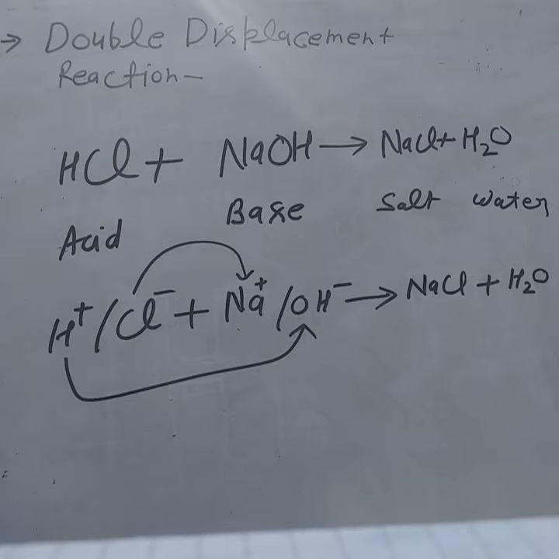Hydrogen chloride breaks down into ionic form, H plus and Cl minus, and sodium hydroxide breaks down into sodium positive and hydroxide negative ions. Joining the positive and negative ions forms NaCl, and the other example is H plus adding to OH minus to give H2O.